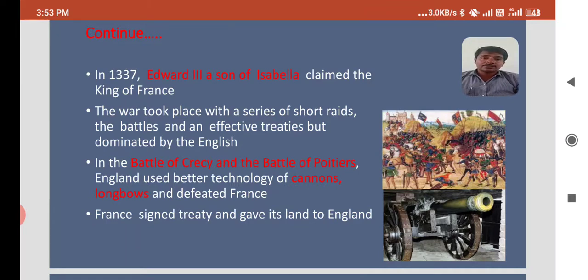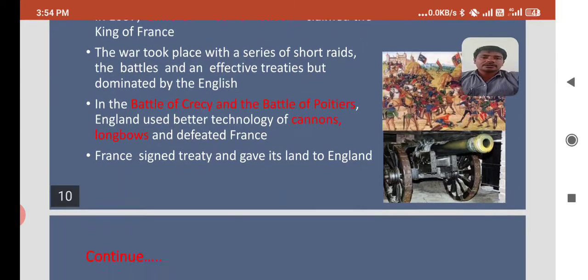In the Battle of Crecy and the Battle of Poitiers, England used better technology, cannons and longbows, and defeated France. So France signed a treaty with England and gave its land to England.